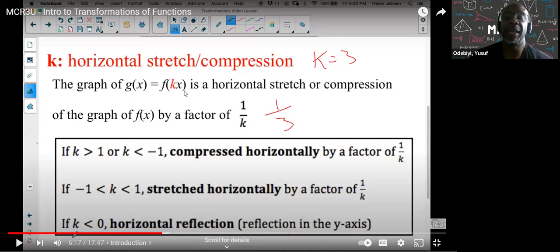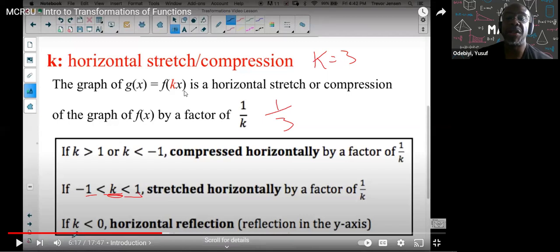Now 1/3 is less than 1, right? Less than 1 is over here. Let me erase that so you guys don't get confused. This is between -1 and 1, which is still less than 1.